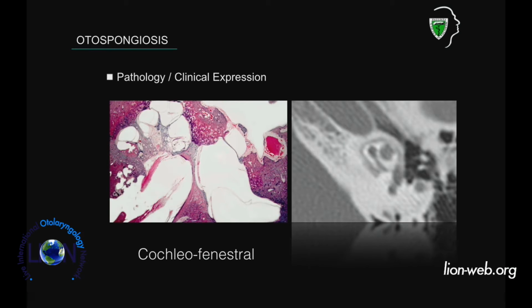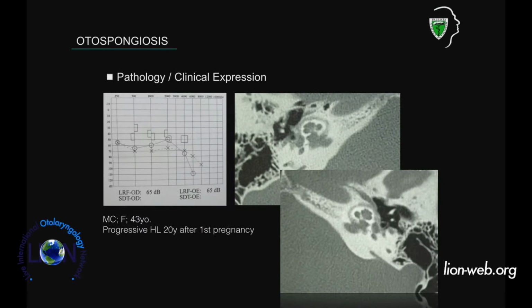So this is a more aggressive disease, and the clinical expression of this type of otospongiosis is more aggressive, of course. We always see more young ladies or young guys. This lady is now 43 years old, but started with progressive hearing loss in her 20s after pregnancy.